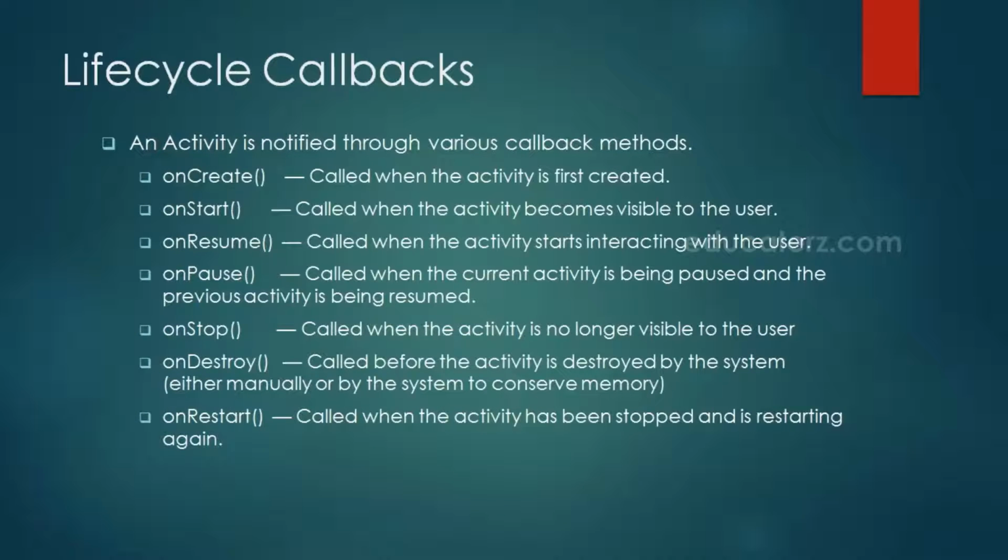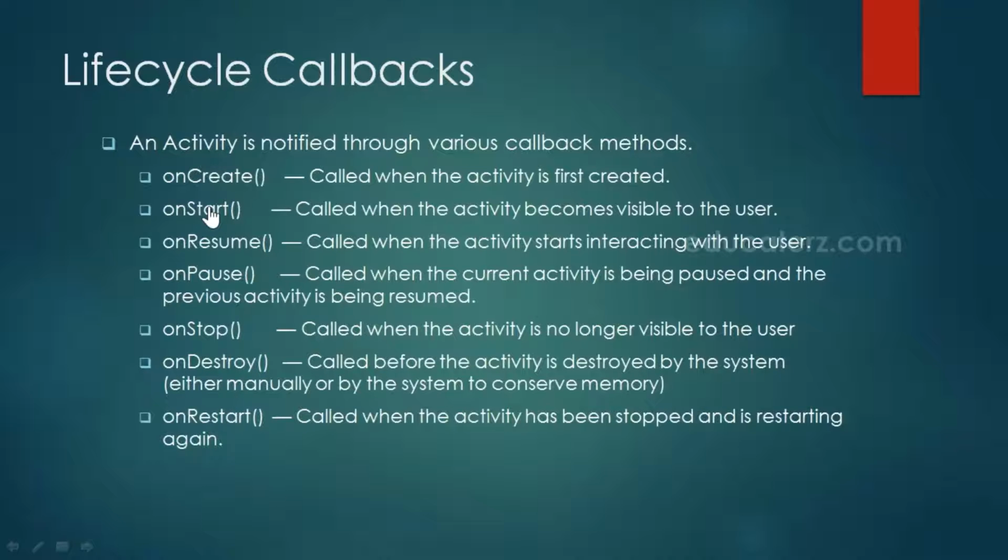We should not fix the number basically, but just to understand, I'm giving it: we have around seven callback methods to notify different actions or tasks as part of the life cycle of an activity. They are as follows: onCreate, onStart, onResume, onPause, onStop, onDestroy, onRestart.